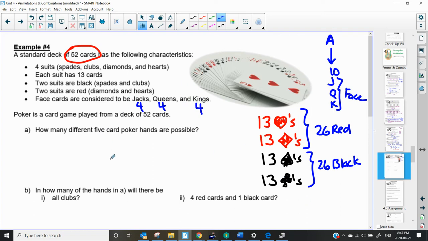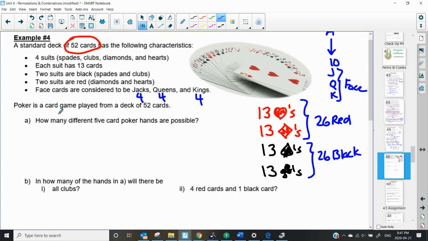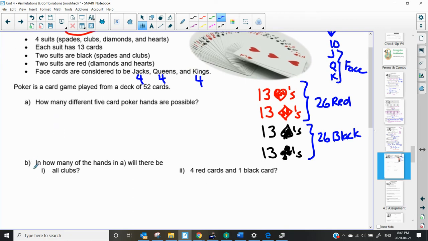Now, poker is a game that we often talk about or hear about when we're playing cards. And so in poker, we hear sometimes about a 5-card stud. That means that there's 5 cards in the poker hand. And so the question is, how many different 5-card poker hands are possible? Well, the first question we have to ask ourselves is, does order matter? So if I lay down my hand and I show all of my cards, does it matter the order I show my cards in?